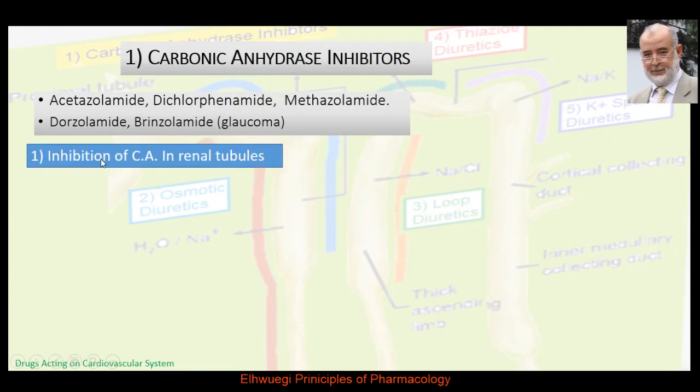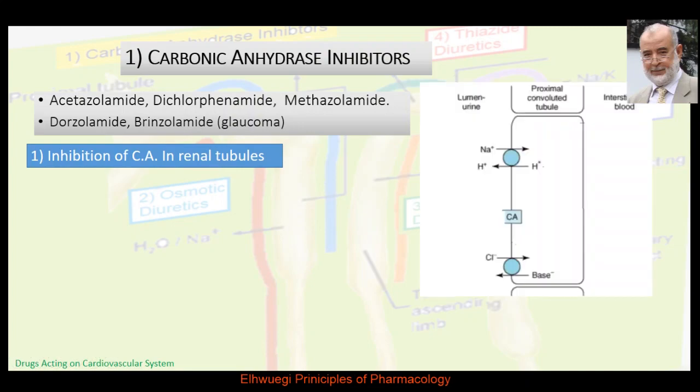We'll start with the first place, which is the carbonic anhydrase present in the renal tubules. They act specifically at the proximal convoluted tubule. Here we can see the epithelial cell of the tubule, and this is the luminal side where the urinary filtrate flows.